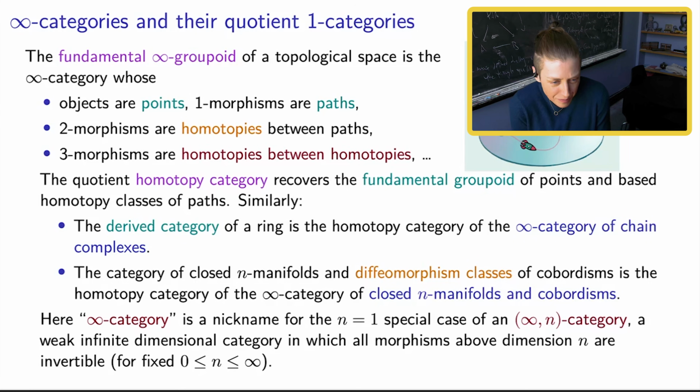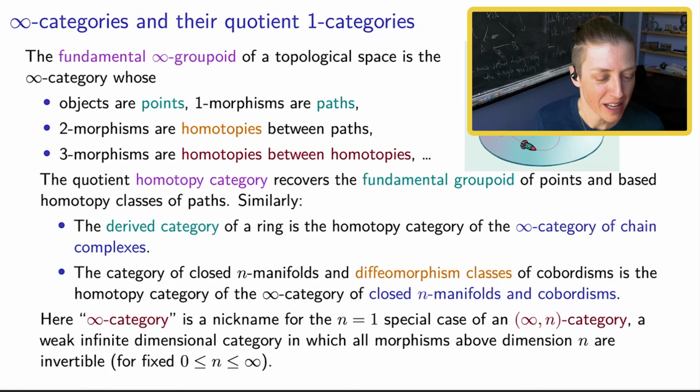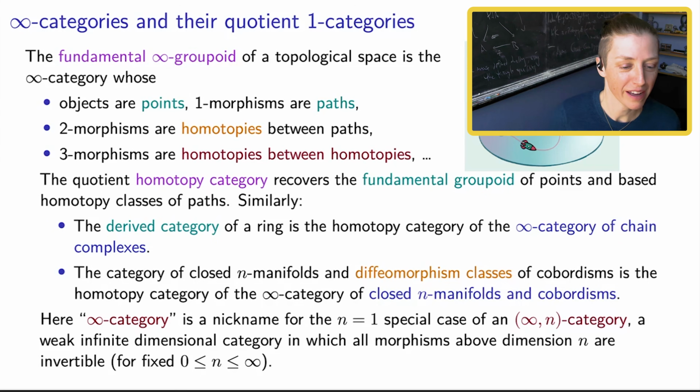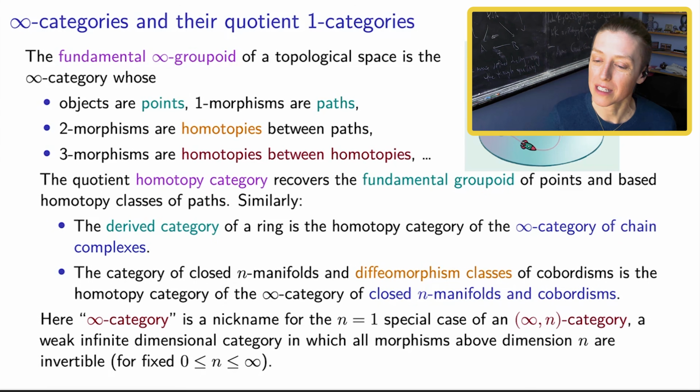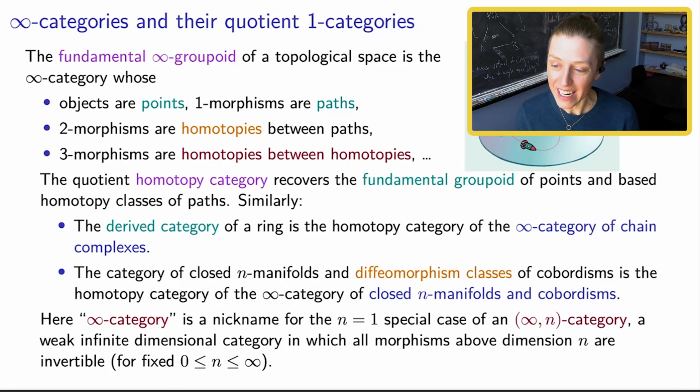Here, maybe I'll acknowledge that I'm using this term infinity category, following Jacob Lurie, as a nickname for a special case of what's called an infinity N-category. This is the N equals 1 special case. For the purpose of this talk, I want you to think of an infinity category as something that has objects and morphisms, and then two morphisms and three morphisms, and so on. But all of these higher morphisms are something like homotopies, and they're invertible, or at least weakly invertible.